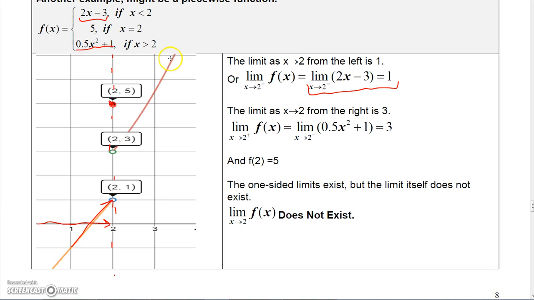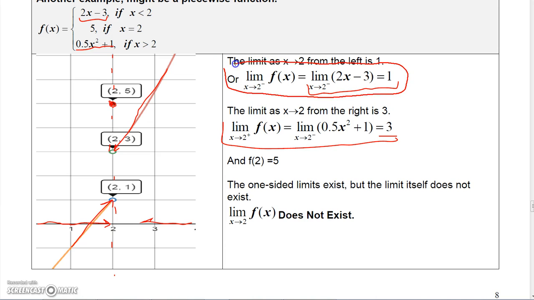But if you approach 2 from the right, from this side, you're coming in from this function. And as you approach from this function, if you plug 2 into here, you would get half of 4, which is 2, plus 1. So that would give you 3. So the right-hand limit is 3. The left-hand limit is 1.